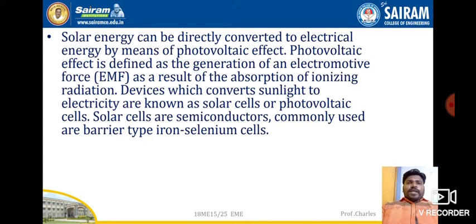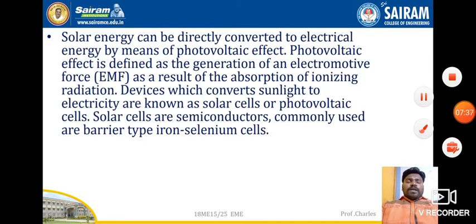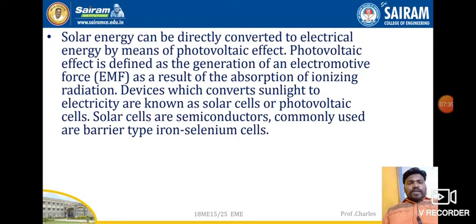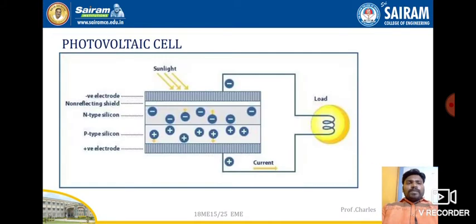So if you take any semiconductor and dope it with different materials, it will become N type material and P type material. So you prepare two different N type and P type silicon cells, and there will be a line partition which separates the negative cells and positive cells. So that is nothing but the junction.